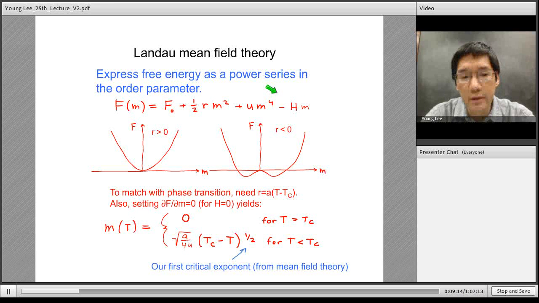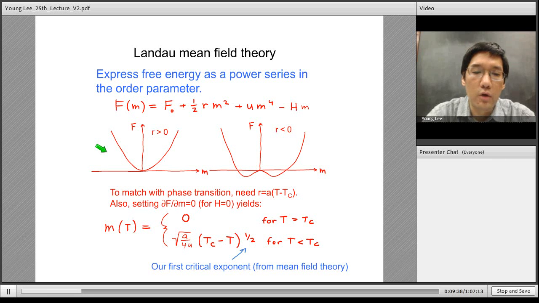Let's examine this for different values of this r parameter. The r parameter is just the factor in front of the m squared, and for positive r, you get this very simple parabolic-like shape, and it has a minimum at m equals 0. Now at the opposite sign, we're going to keep u as positive.